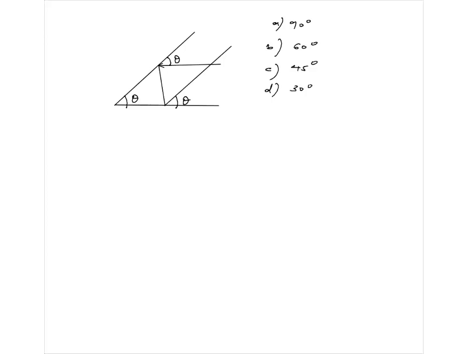It's basically a geometry problem. If these lines are parallel, if this is theta, won't this be theta? And if these lines are parallel, if this is theta, won't this be theta? But if this is the incident ray, this is the reflected ray, then won't these two angles be the same?